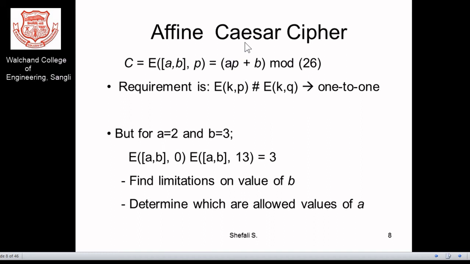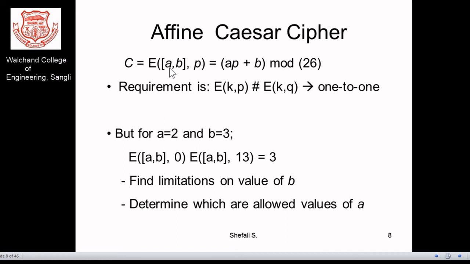I want you to think over this affine Caesar cipher. I'll give you the idea, and after you have worked on it, we can go into the details. Here, encryption is given for the plaintext position, and instead of a single element, there are two elements involved.